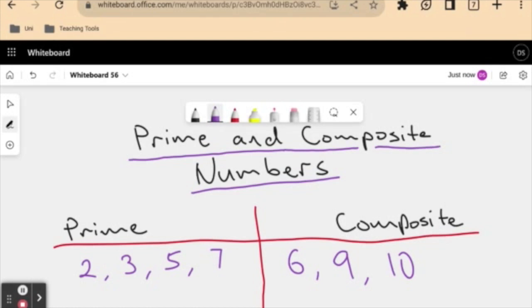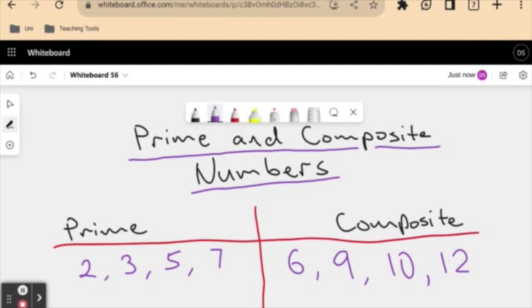Another composite number, for example, would be 12. And 12 actually has even more factors. It has a factor of 1 and 12, but this is kind of redundant because that just classifies as the prime numbers. But 12 we can make out of 6 and 2, but we can also make it out of 3 and 4. So composite numbers can have a variety of different factors.